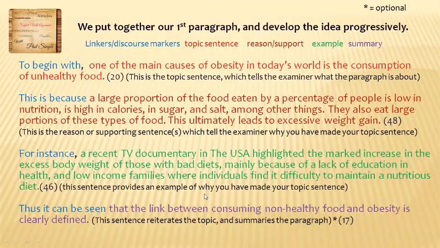So here's an example of why I've made the topic sentence. Again, it points back. And then summary sentence. Thus, it can be seen that the link between consuming non-healthy food and obesity is clearly defined. So this sentence reiterates the topic and summarizes the paragraph.